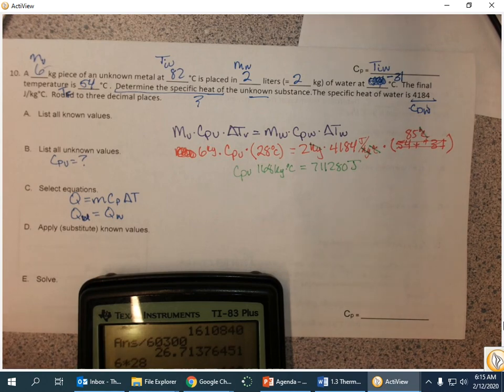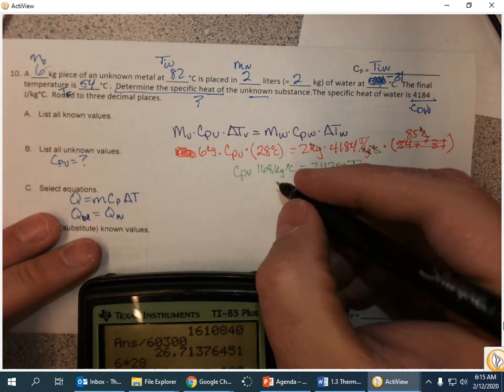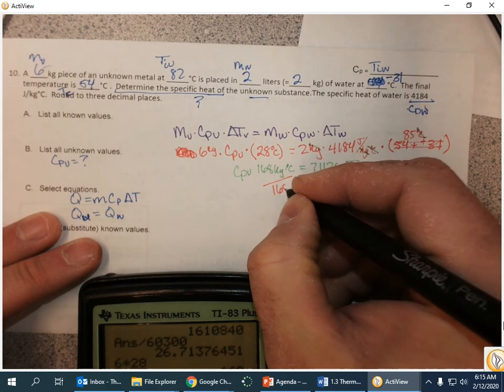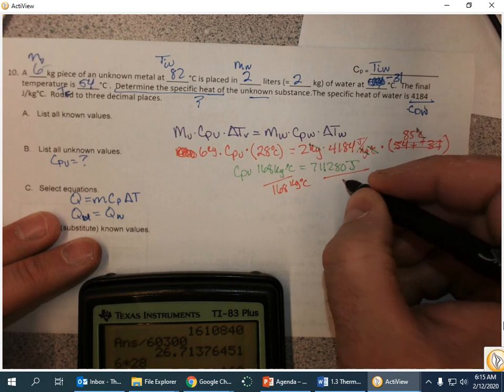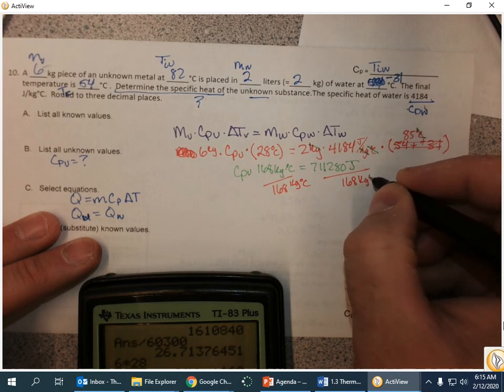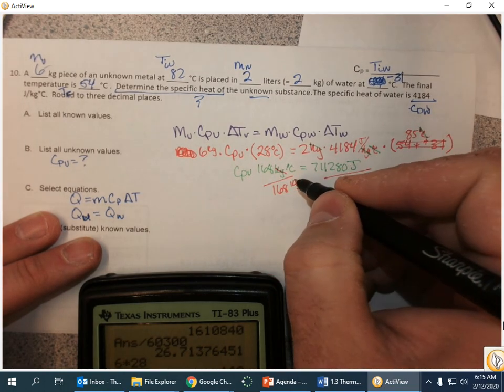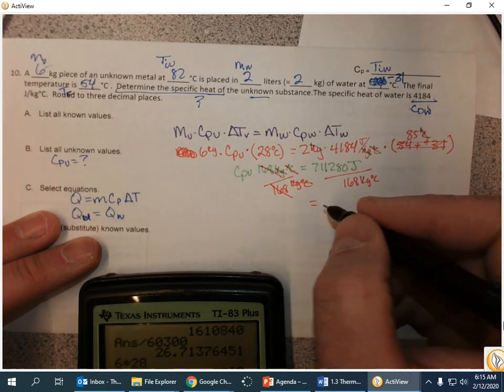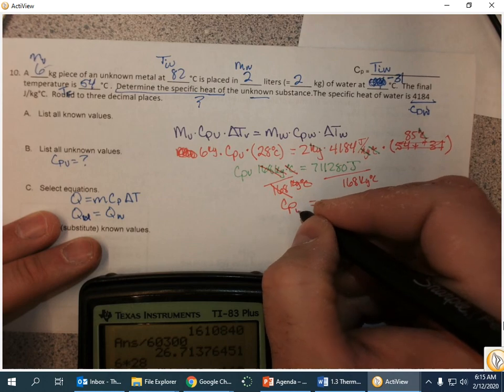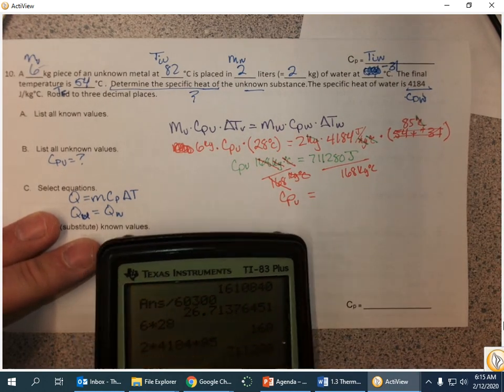And now I've got to divide by 168 kilogram degrees Celsius. The kilograms and degrees Celsius cancel over here, which leaves just the specific heat capacity of the unknown that we wanted to solve for.